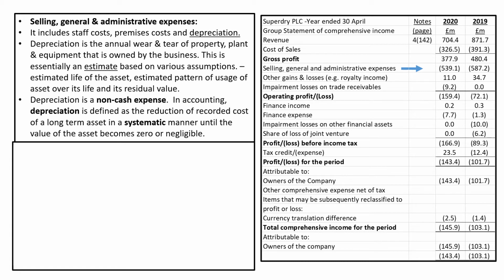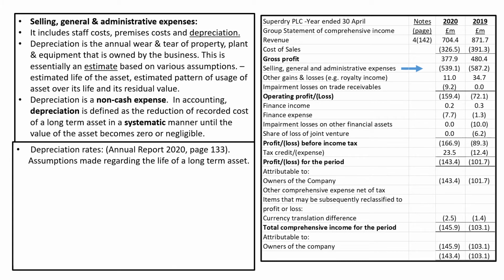In accounting, depreciation is defined as the reduction of recorded cost of a long-term asset bought in the past in a systematic manner until the value of the asset becomes zero or negligible. In the case of Superdry PLC, the annual report gives some information about the assumptions made regarding the life of a long-term asset.